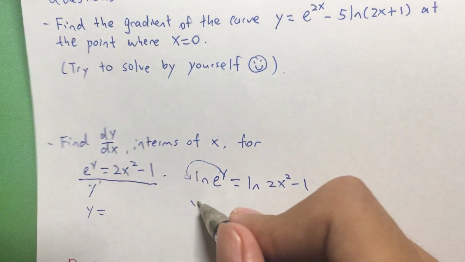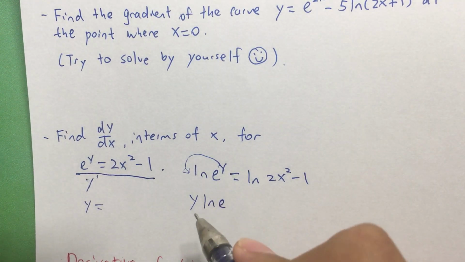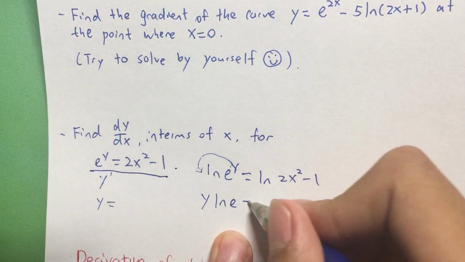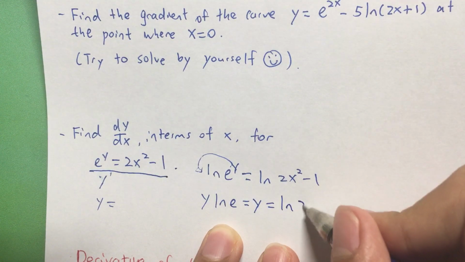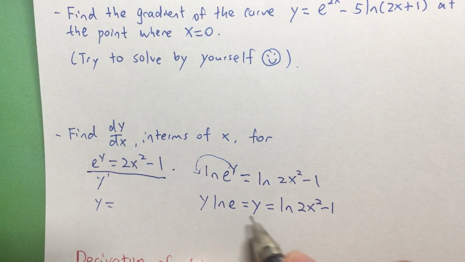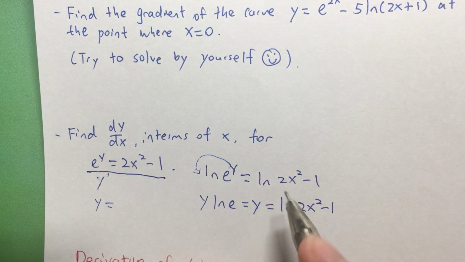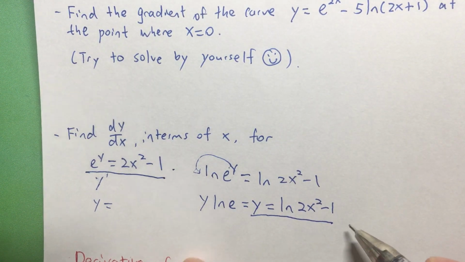This becomes y ln e. And we know that ln e is equal to 1, so this is equal to y, and y is equal to ln of 2x squared minus 1. So this is the first step, where we have converted this equation into another equation, and they mean exactly the same thing.